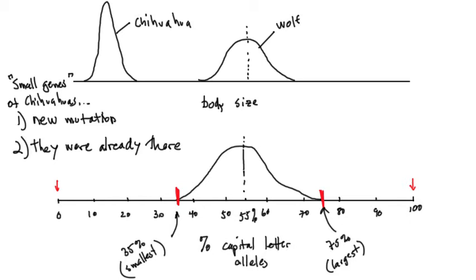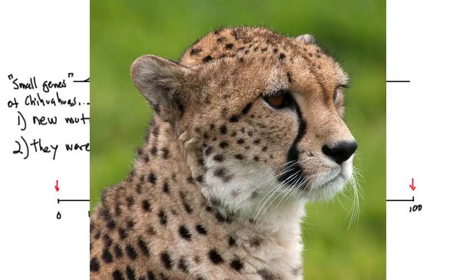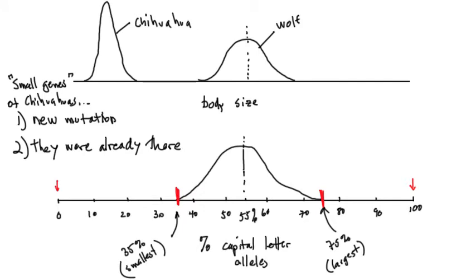Now, if wolves had been subject to a population bottleneck and had greatly reduced allelic variation, the human domesticators might not have been so successful in manipulating body size in their breeding designs. Cheetahs, for example, underwent a severe bottleneck around 11,000 years ago, and even after this much time, they still have practically no genetic variation as a species.